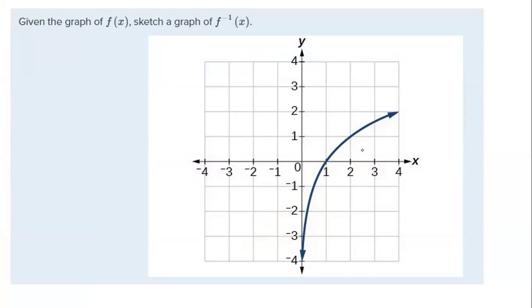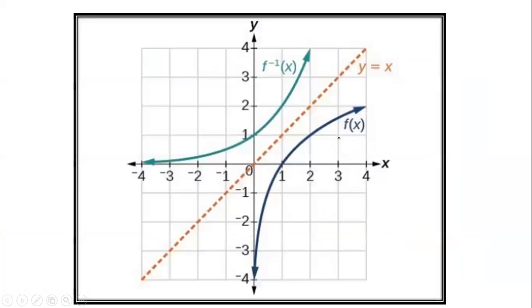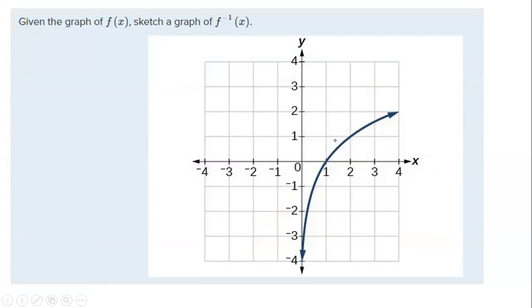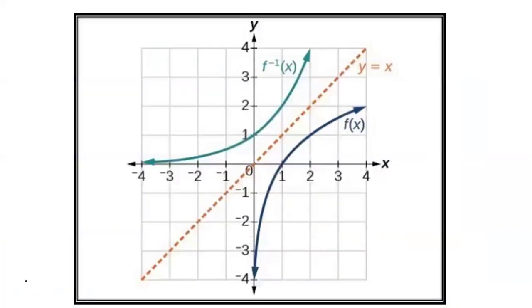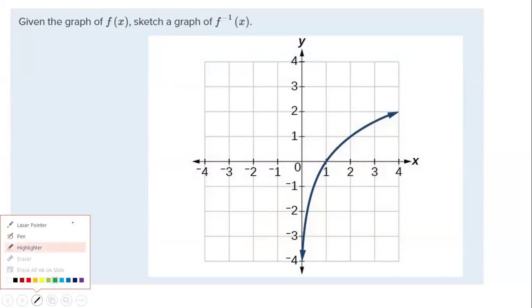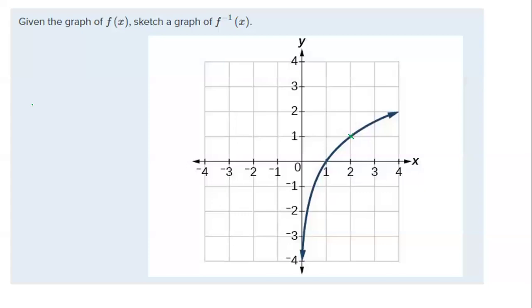Someone is saying 2, 1. 2, 1 is a point there. Another point people have noticed is 1, 0. 1, 0 is here. Then someone said 4, 2. 4, 2 is here. So you first extract your points on the curve.